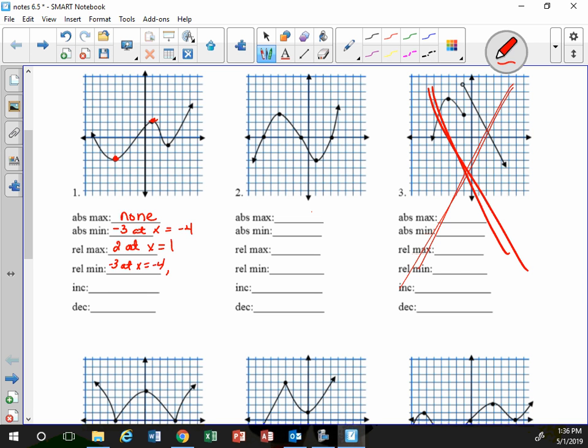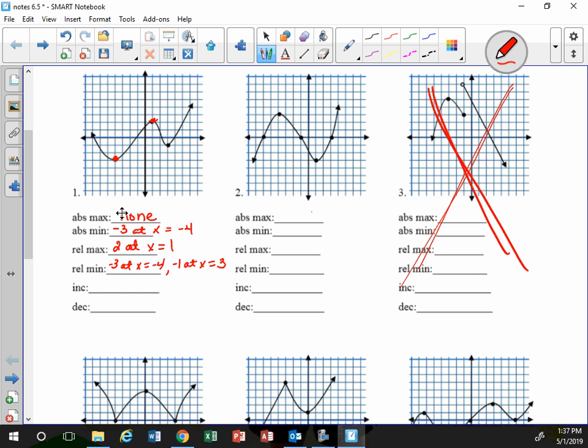What is it? Yep, -1 at x equals 3. You guys see it? So again, include the -3 if you want. Sometimes that's easier because you can just look for any minimum on your graph, but if you don't write it twice, that's okay. All right, does that make sense?